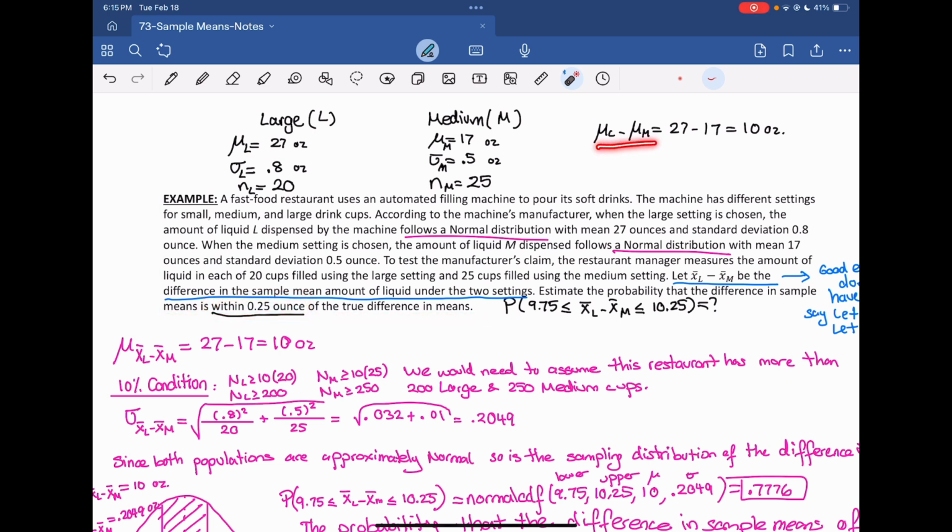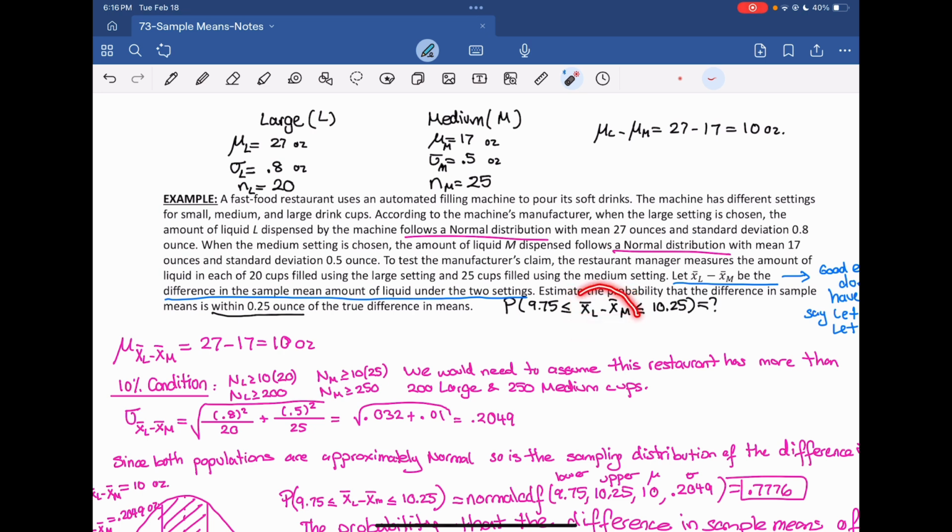First of all, the true difference in means is 10 ounces. So it has to be within 0.25 of that: 0.25 less than that, 0.25 more than that. So basically it's asking for 9.75 to 10.25. And it's the sample mean for large minus sample mean for medium sampling distribution.